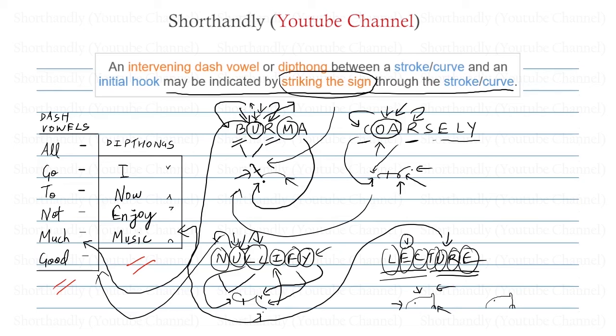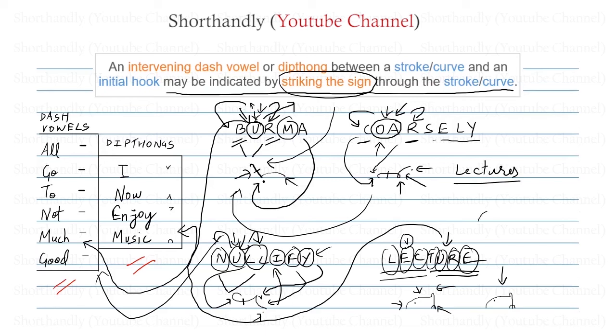Now, I also want to talk about one more thing here, which is if you're having trouble placing the first place and third place vowels, then you can just add it in the beginning or in the end of any stroke or a curve. So for example, we already saw how to make the word lecture, but what if we had the word lectures?